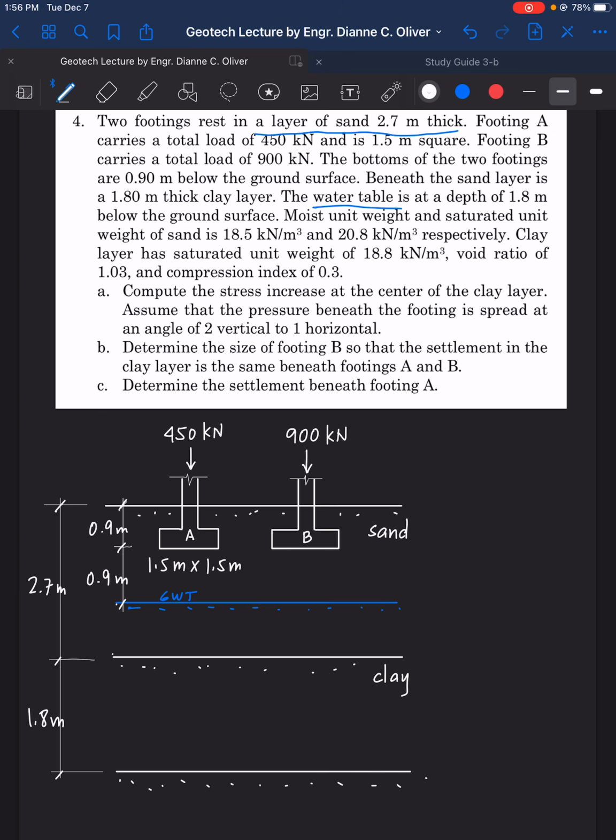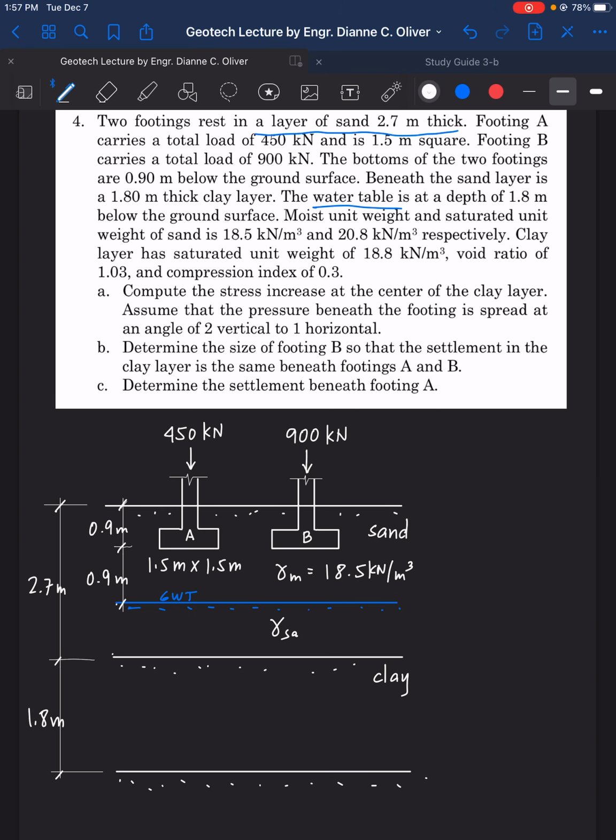Moist unit weight and saturated unit weight of sand is 18.5 kilonewton per cubic meter and 20.8 kilonewton per cubic meter respectively. Okay, so we have here gamma moist of sand is 18.5 kilonewton per cubic meter.